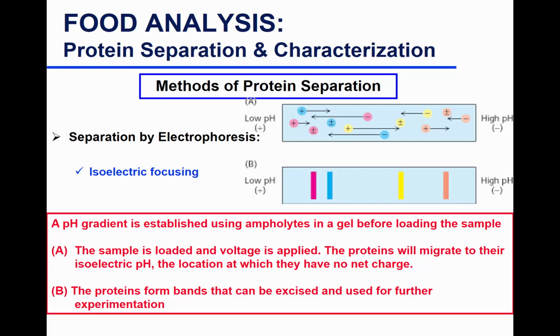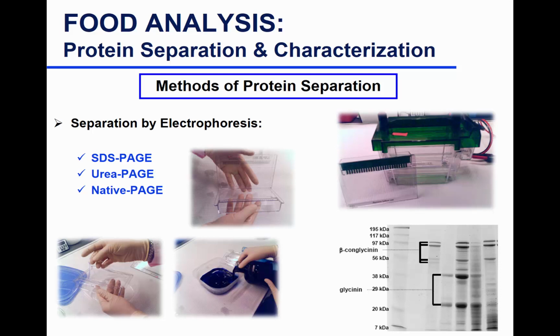Oh, hold on. I just want to mention that there is Urea-PAGE. Urea-PAGE is basically you put urea reagent with your sample, and it will denature the protein, but it will not make it carry charge. So the protein also will separate using a polyacrylamide gel, but your sample is not all negatively charged. So in this case, your separation is based on charge to size ratio.